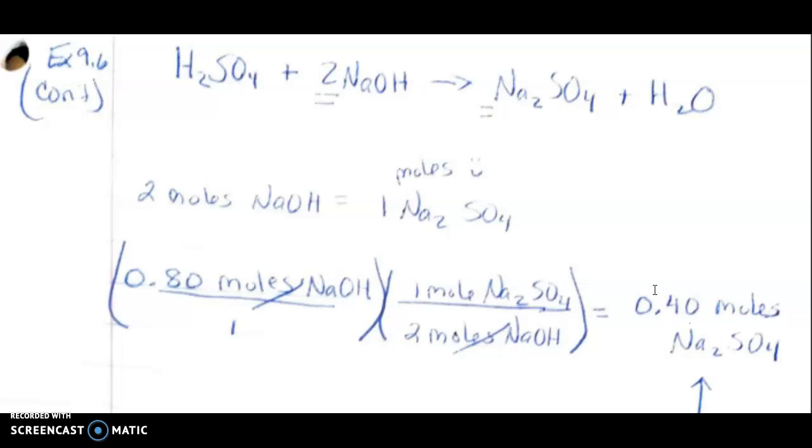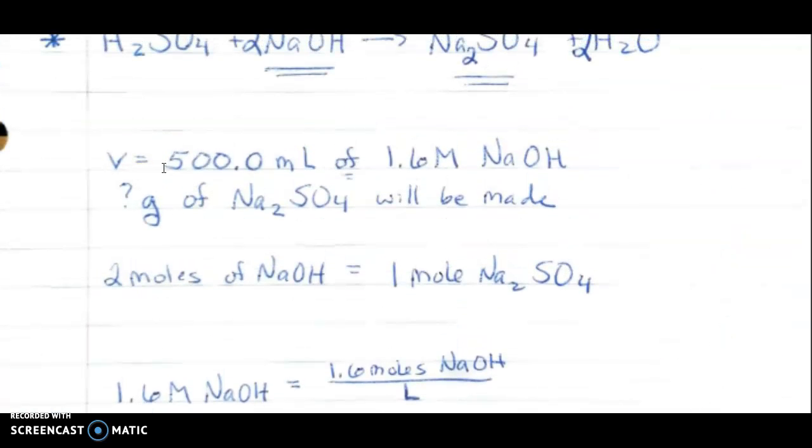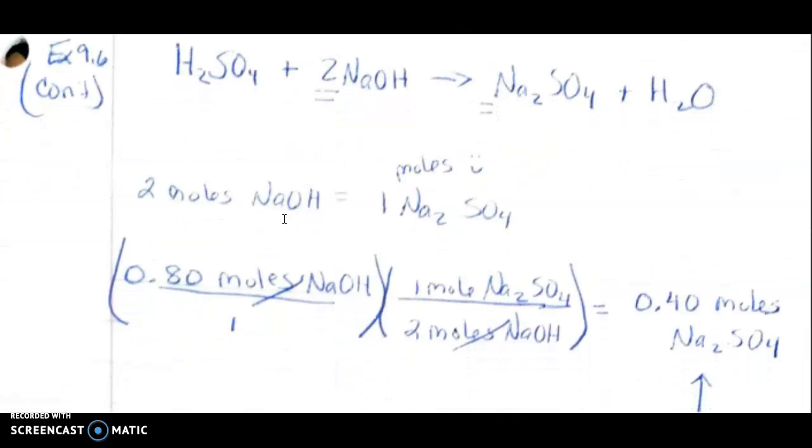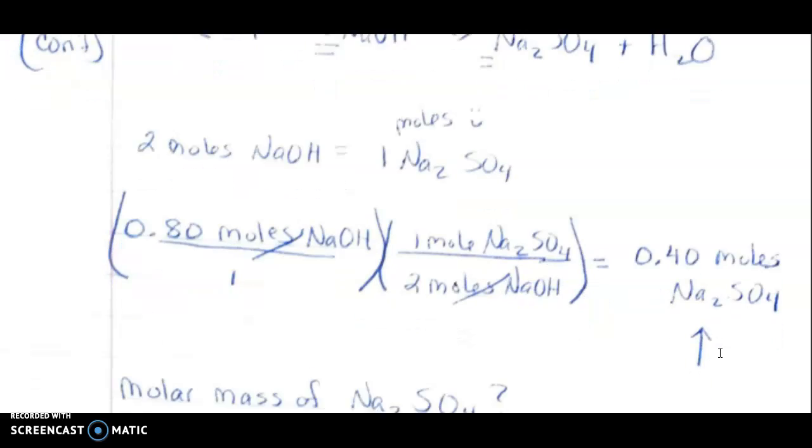Again, we need 2 significant figures in our answer. But we're not done yet, because the original question wants to know how many grams, not moles, of sodium sulfate that are being made.